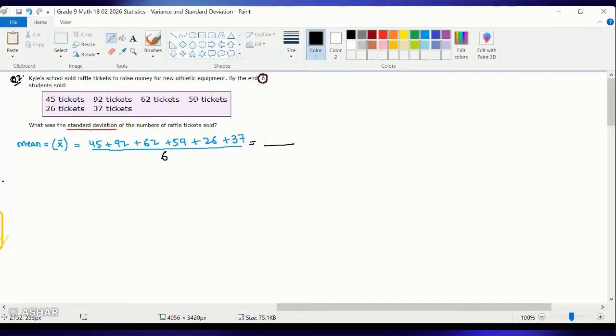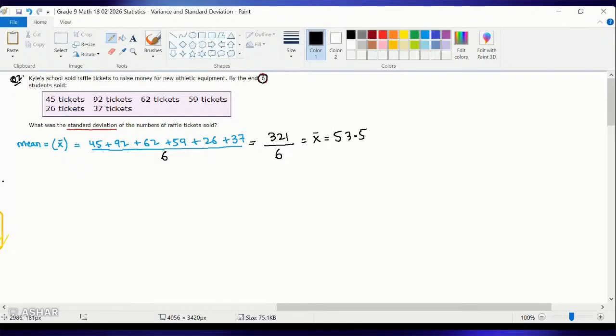My total came out to be 321 divided by 6.